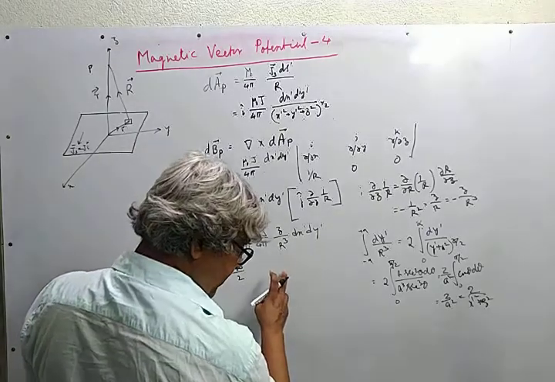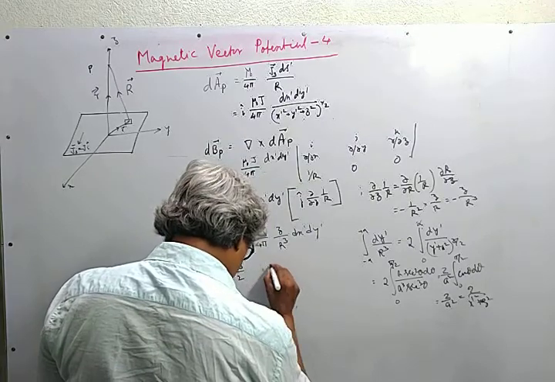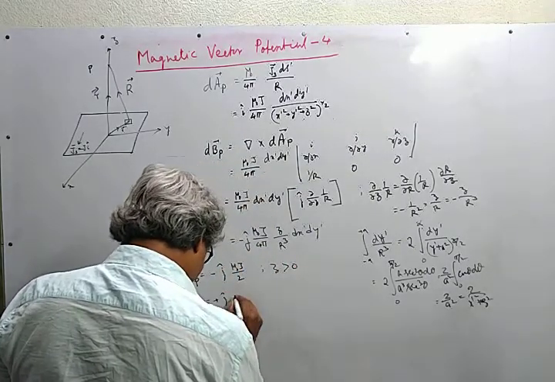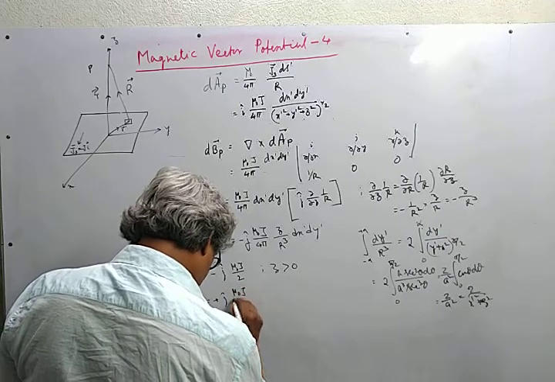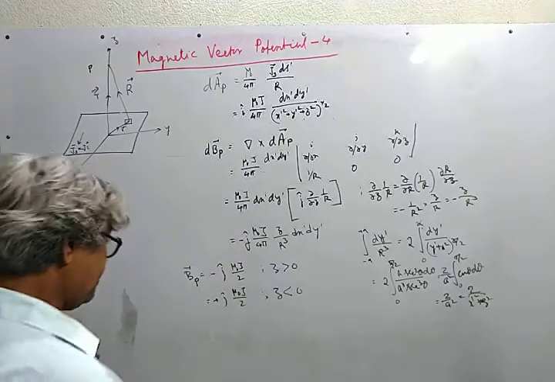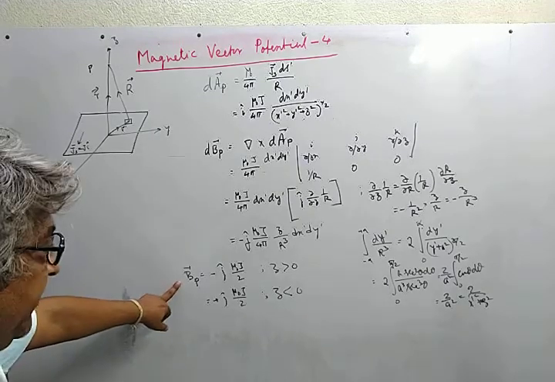There will be some z factor coming, for z greater than 0, and this is plus j cap mu 0 j upon 2 for z less than 0. So this is one tricky calculation where we found that the magnetic vector potential due to the entire sheet does not exist at an axial point, but we can still find out the B field.